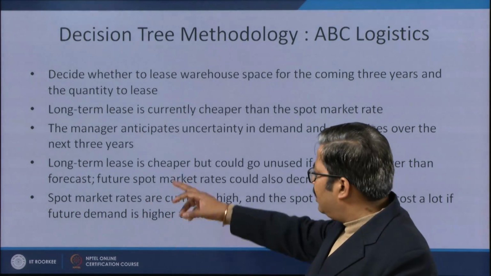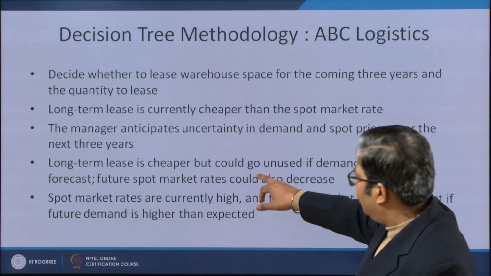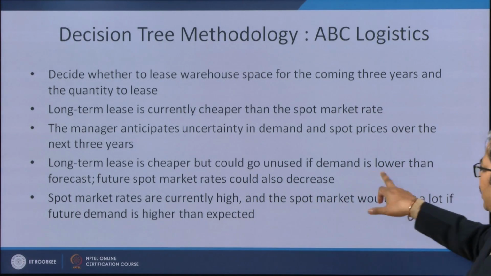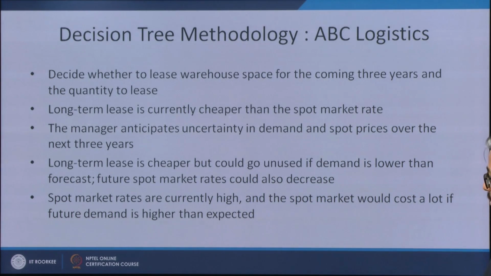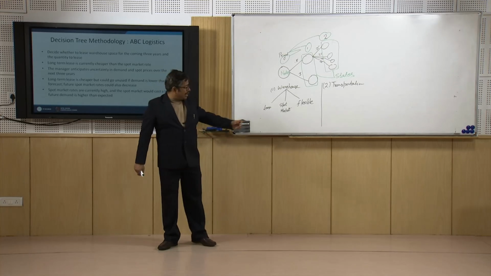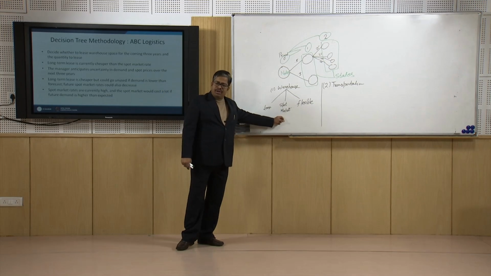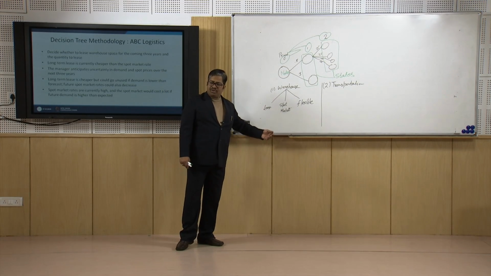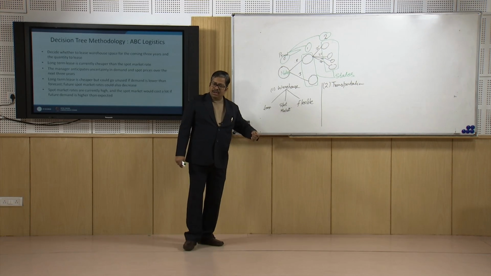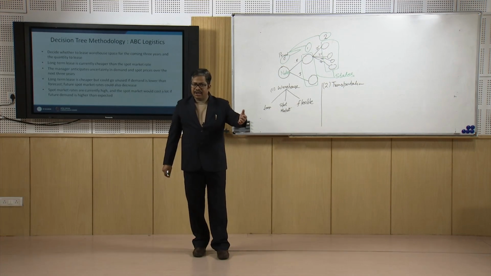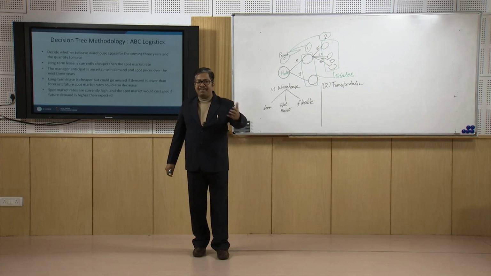As we discussed, a long term lease is cheaper but could go unused if demand is lower than the forecast, and spot market rates could also decrease. Today the spot market rate is $1.4 per square feet, but it is possible that tomorrow the rate may decrease to $1.25 per square feet.